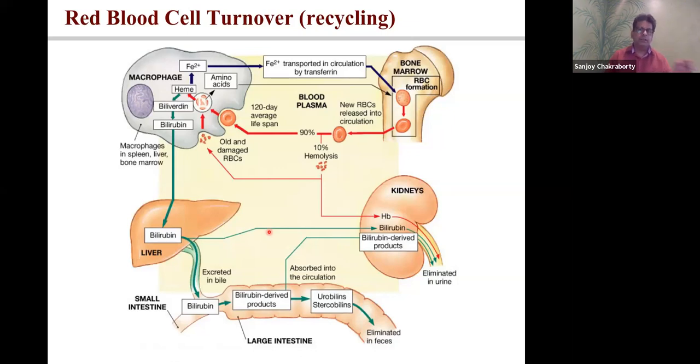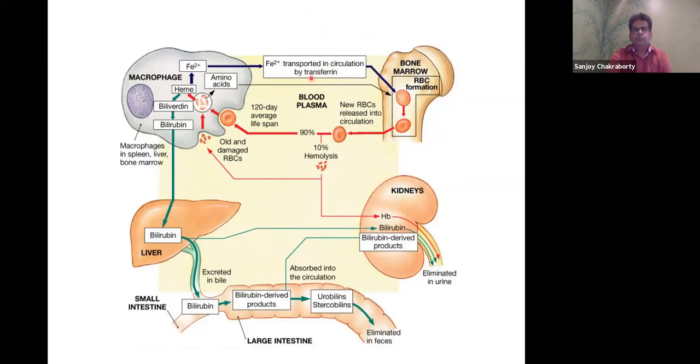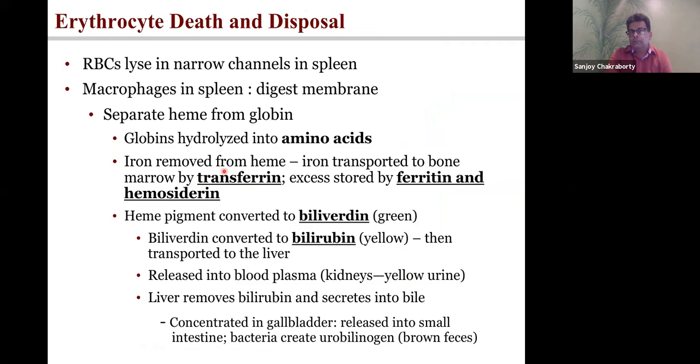Bilirubin is transported to the liver, and the liver uses that bilirubin to make bile. The detailed function in the digestive system that I just mentioned, we are going to repeat in the digestive system chapter again. But when they transport the iron, the protein that does the job is called transferrin.